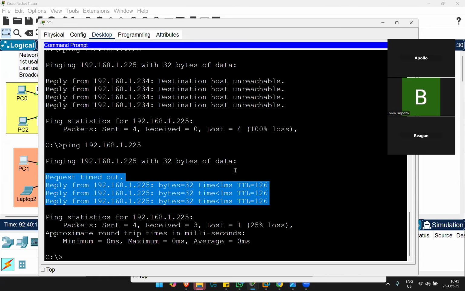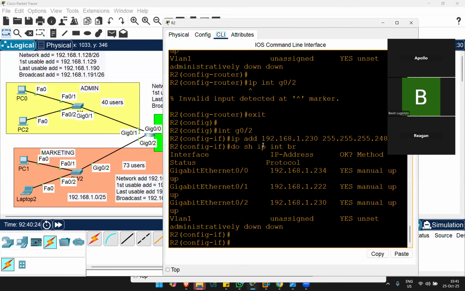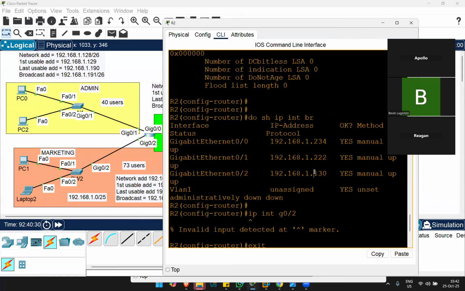When you have to manually configure so many IP addresses, you are bound to make those kinds of mistakes, like the one I made here, where instead of 230 I had 130. And you have seen how we needed to narrow it down to that particular problem and then fix it.